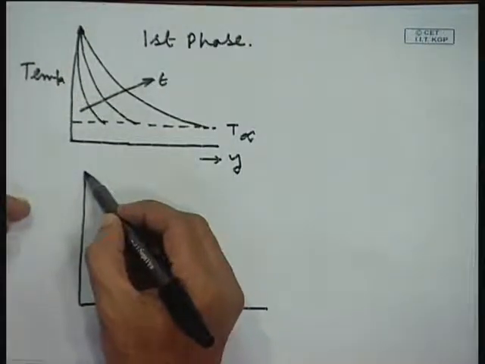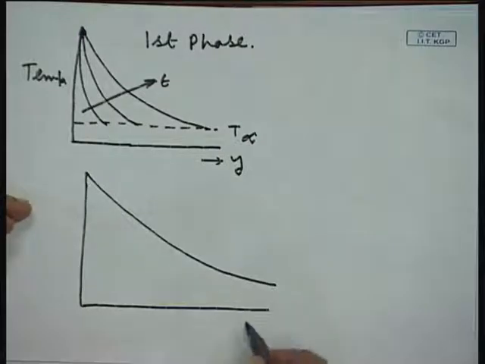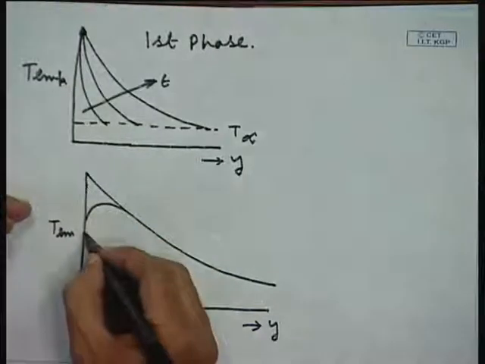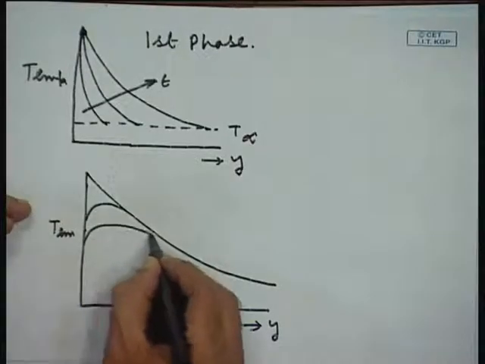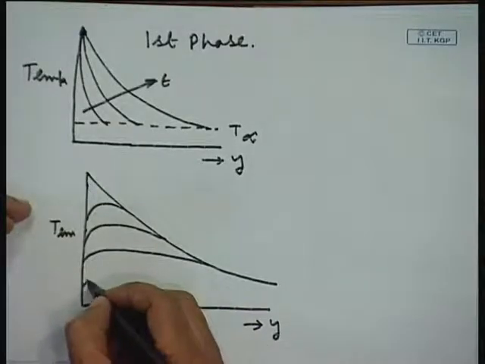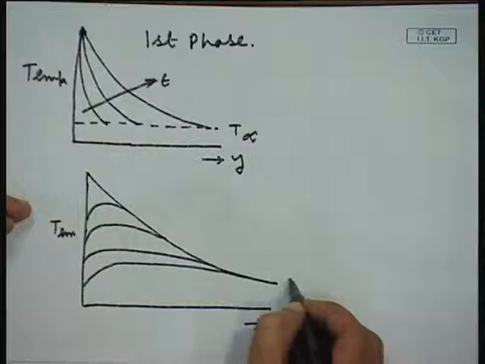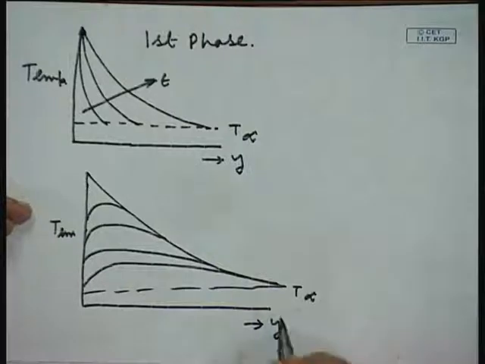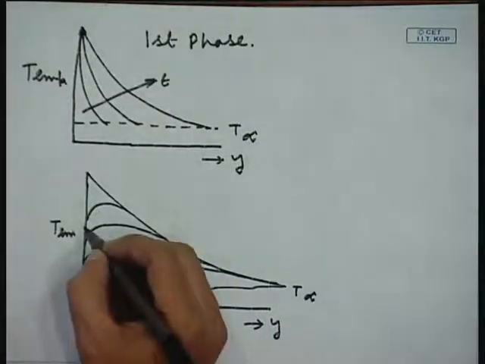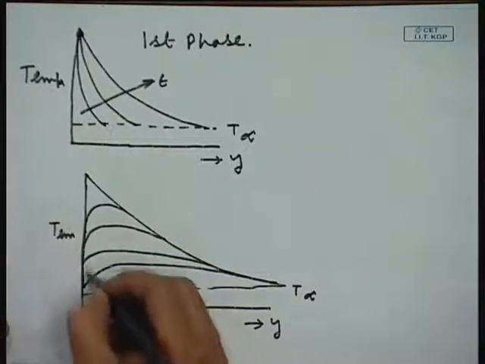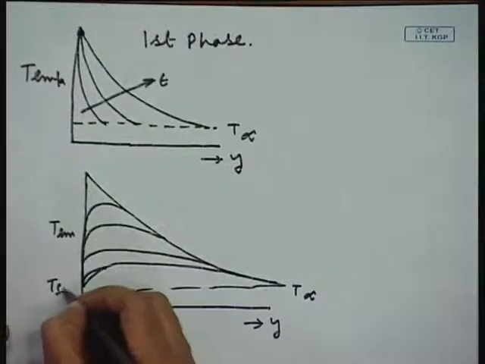So, what will we get? We have started from this curve, this is your temperature, with time we will get something like this. This is your T infinity basically. And all the curves are starting from some value here, which is T sat.